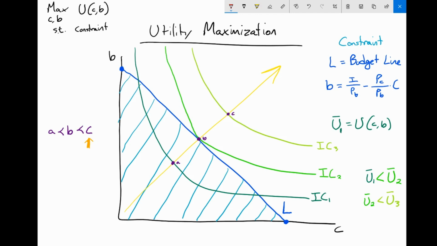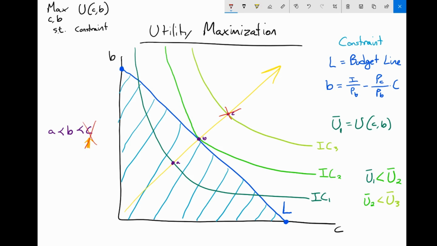However, we know that they cannot purchase C, because any bundle that lies above the budget line is one the agent cannot afford. The agent does not have enough money to buy bundles above the budget line. They can't consume bundle C because it is beyond the budget line. So C is out.